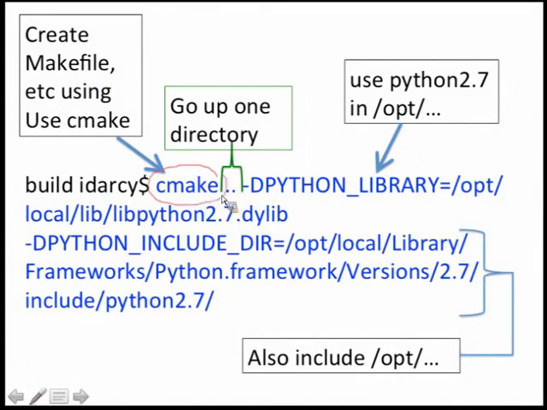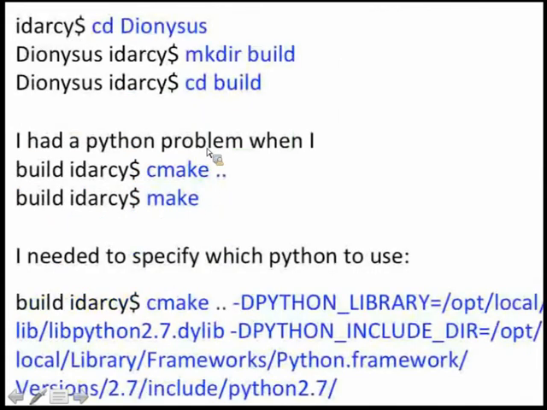CMake, that's the software that we downloaded last time, will create the make file. This .. means that I'm going to go up one directory. That was actually the same thing as up here: the first thing we do is a CMake, but we go up one directory.